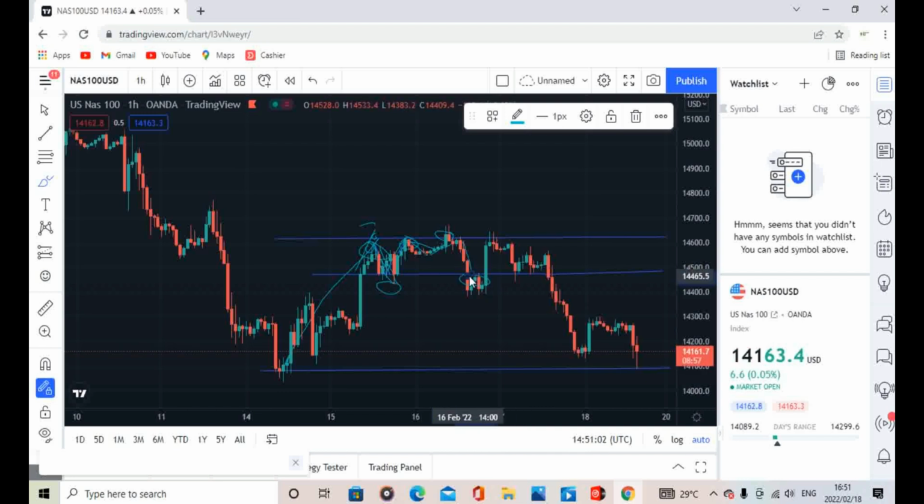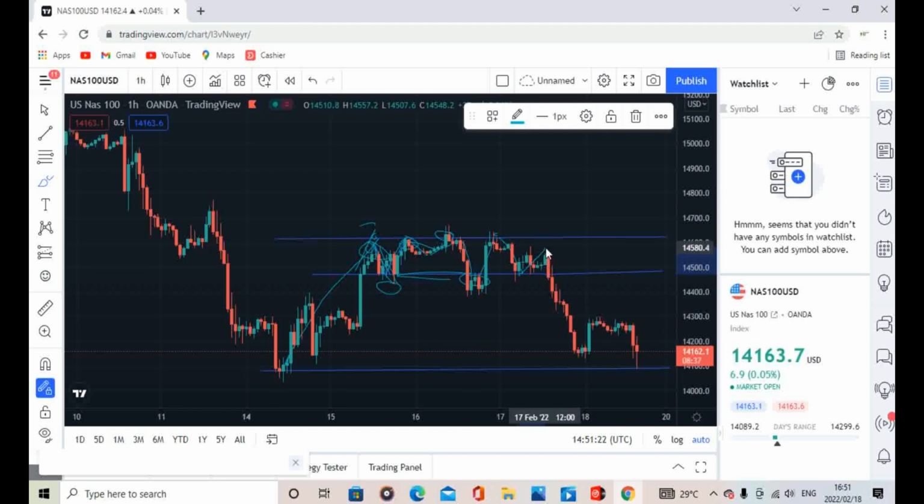It was ranging here, the very same level as this one, and then from here it turned back again. It went up to this level here, and then from here it went down to this level, which is the support level, and then it went up again.